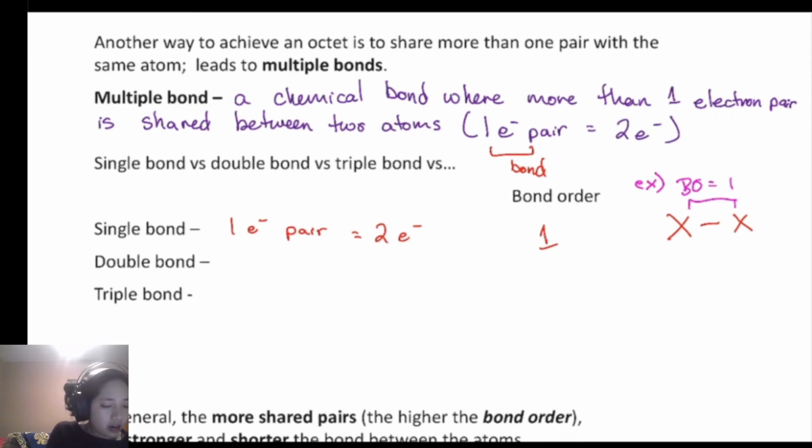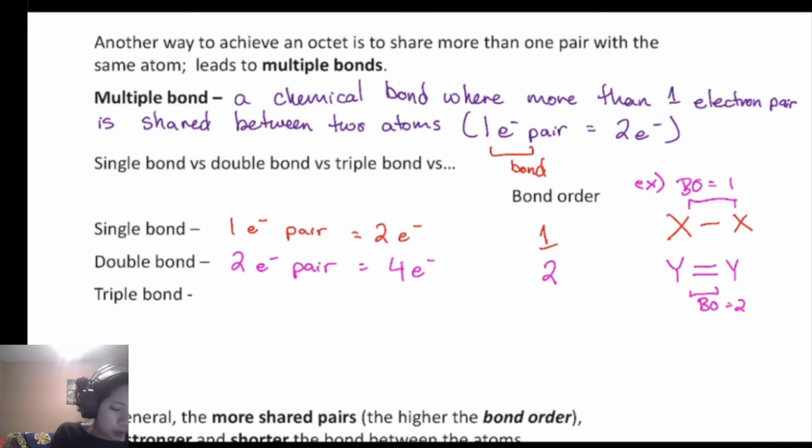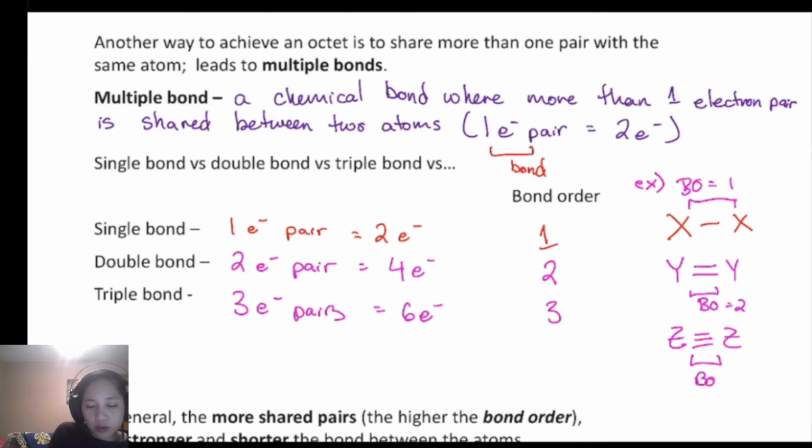Then for a double bond, you have two electron pairs, so there's 4 electrons involved total, and our bond order is 2. If we had a compound Y double bonded to Y, we would say that the bond order equals 2. And then finally, a triple bond has 3 electron pairs, 6 electrons total, a bond order of 3. If you drew that as a molecule, you would have a Z triple bonded to a Z, and its total bond order between the Z and Z atoms is 3.